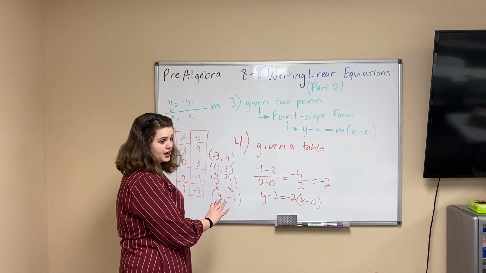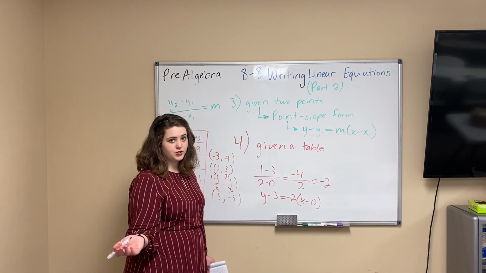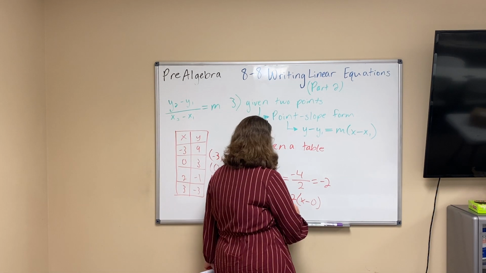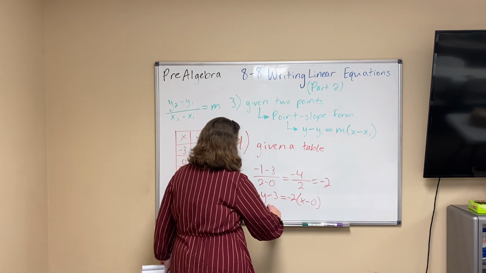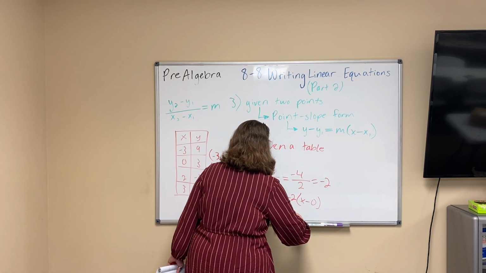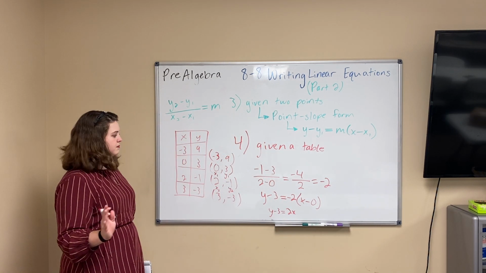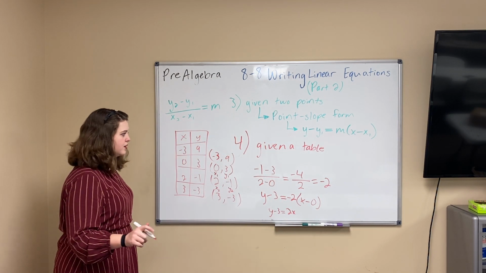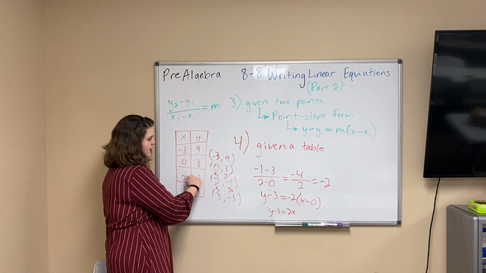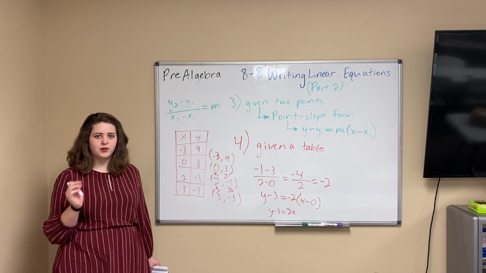We can leave it like that if you want to, or we can simplify it because x minus 0 will just give us x. So this could actually be written as y minus 3 equals -2 times x. And then you're done. Pretty straightforward. You should already know how to do this part. And it's just a matter of combining this with your point slope form that we learned a second ago.